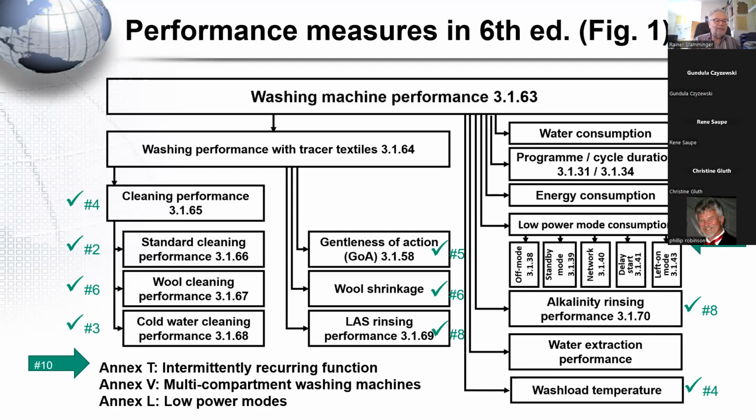And then on the left, you see some annexes mentioned, which are new or partly new in the new edition, which are these intermittently recurring functions, multi-compartment washing machines, and low power modes.